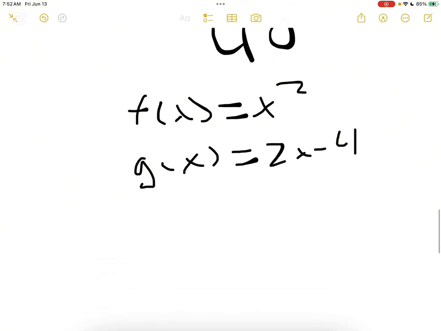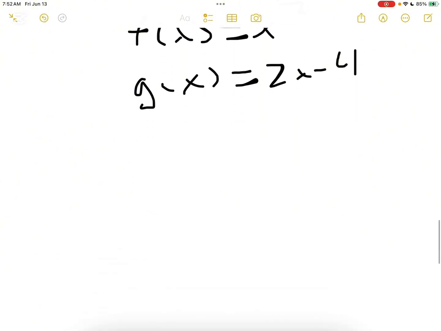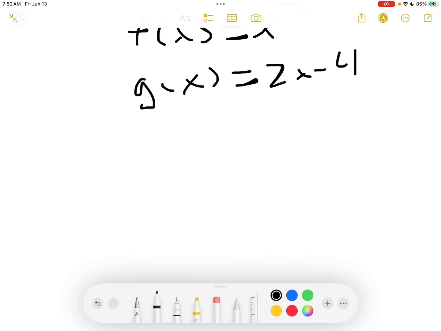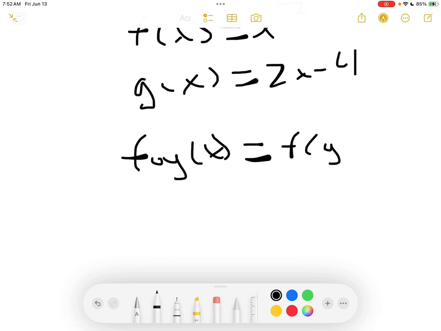All right. So, like last time, we'll start out by writing f composed with g of x is really equal to f of g of x.